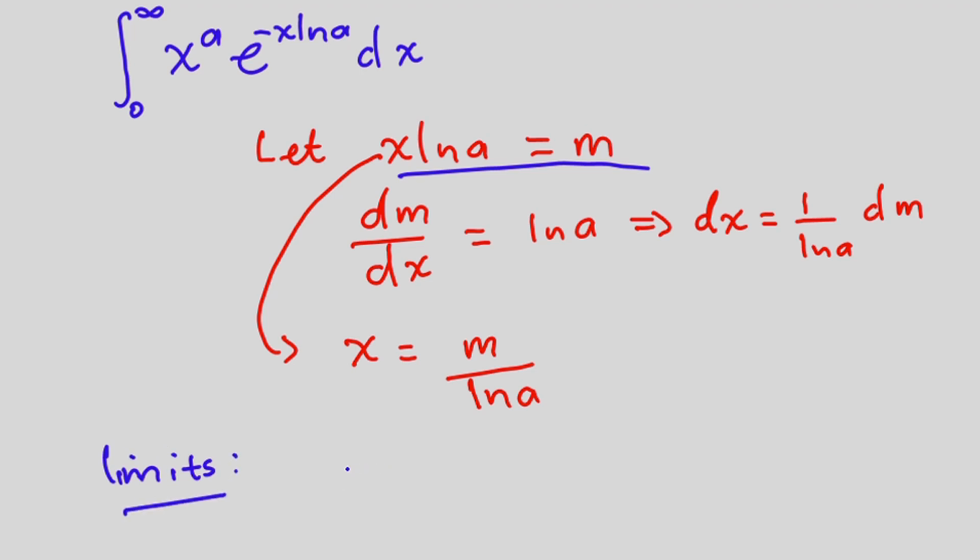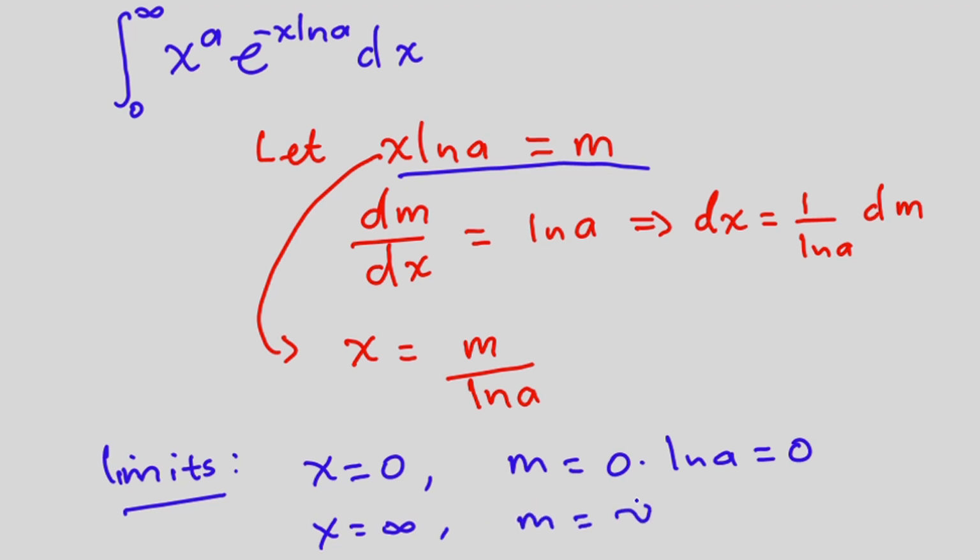So changing the limits, when x is equal to 0, m is equal to 0 times ln of a, which is still 0. Then when x is equal to infinity, we have m is equal to infinity times ln of a. Infinity times a certain number will also give us infinity.